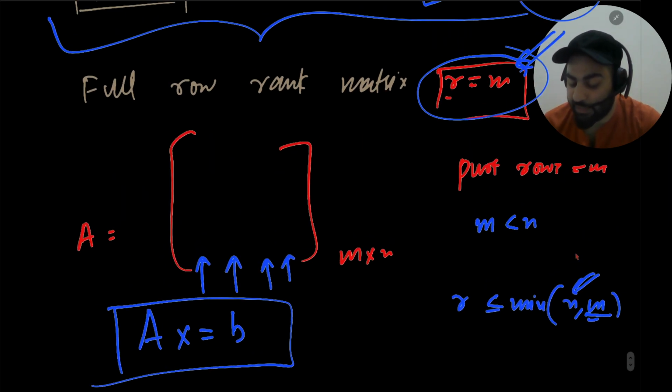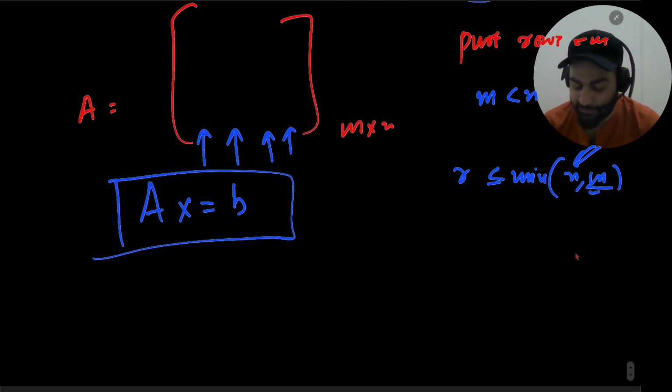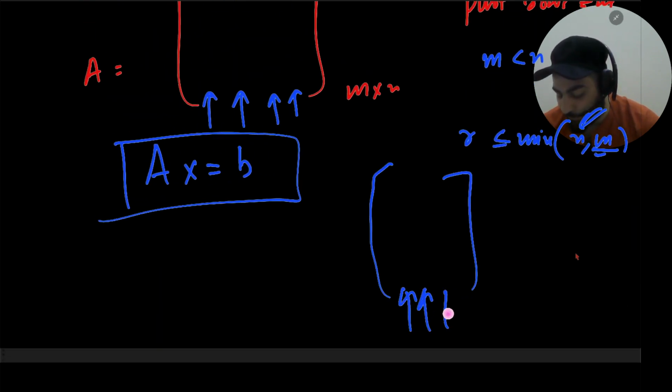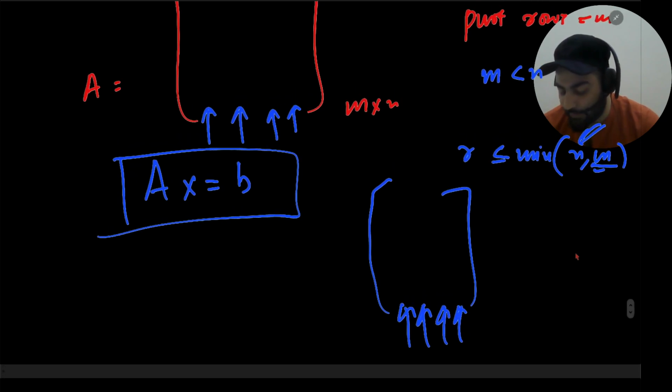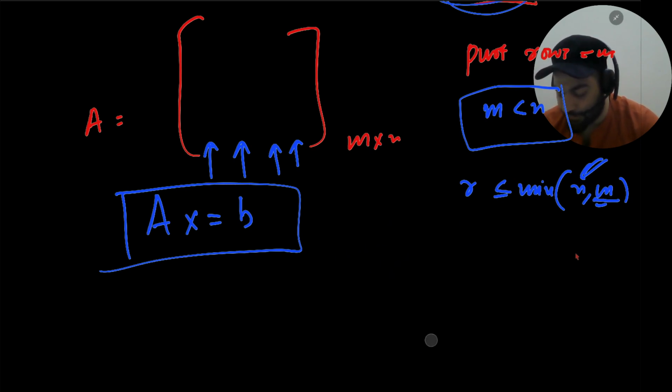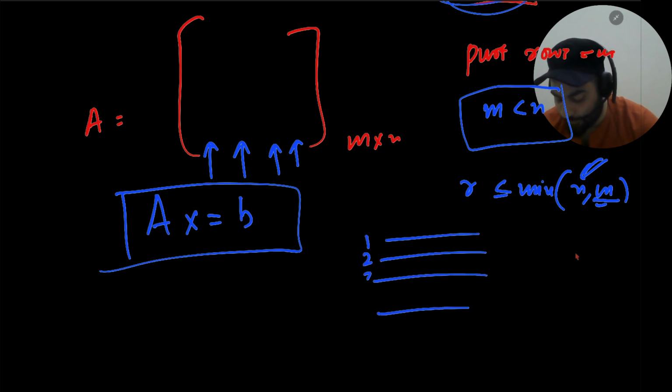So I'm telling you that r is equal to m. This establishes the fact that m is less than n. So we have some sort of matrix like this, in which we have 1, 2, 3 up till m rows, and then we have n columns.